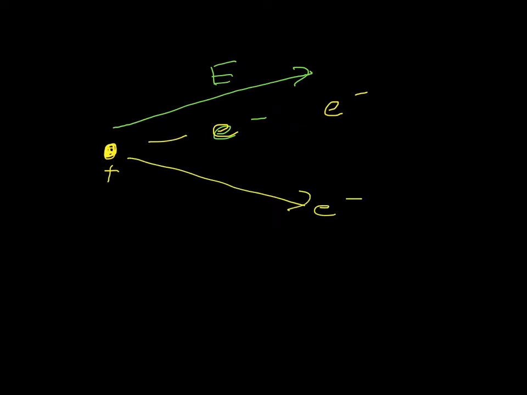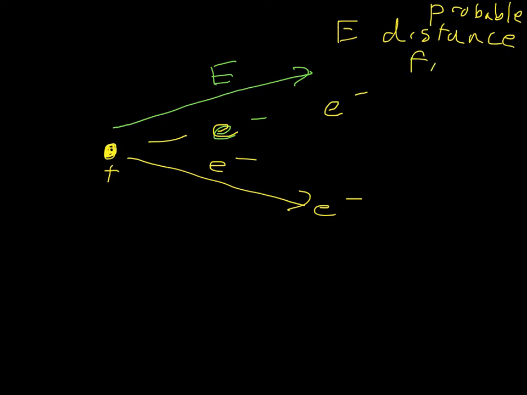There is a relationship between energy and the probable distance the electron is from the nucleus. Therefore, the first way we divide up our electron cloud or group our electrons is on the basis of energy.